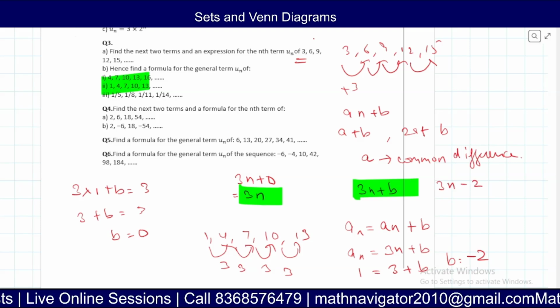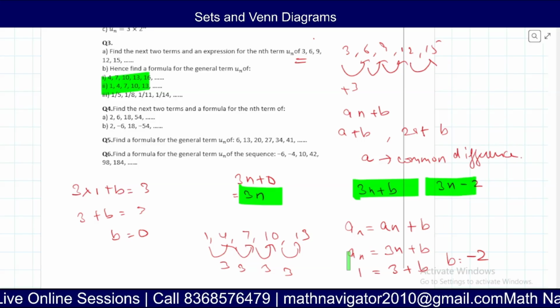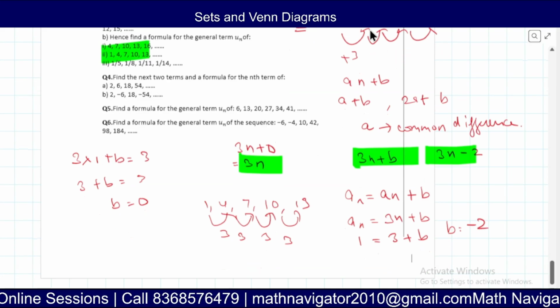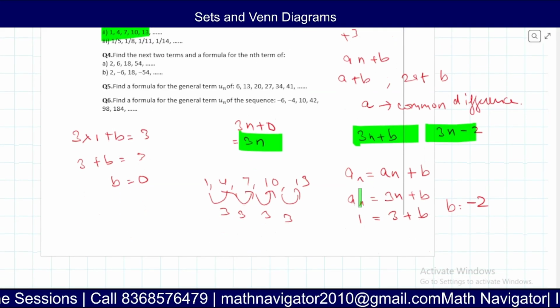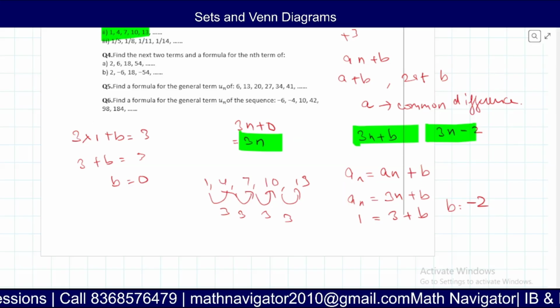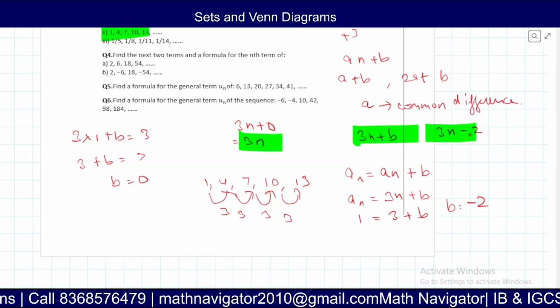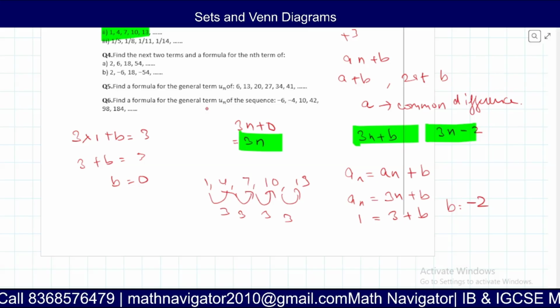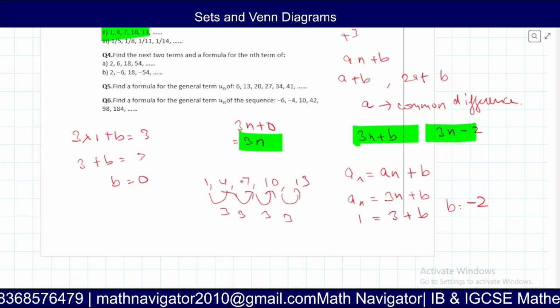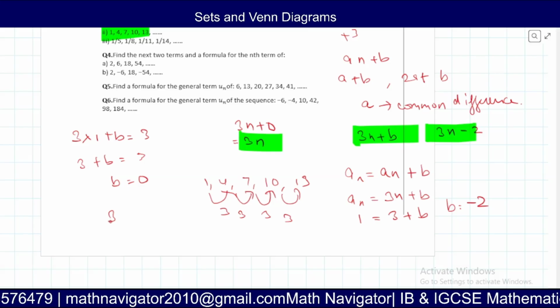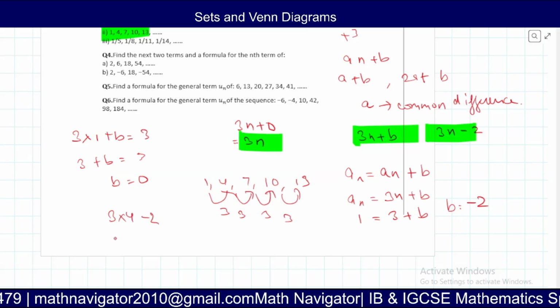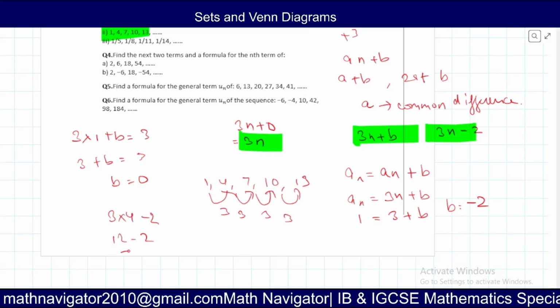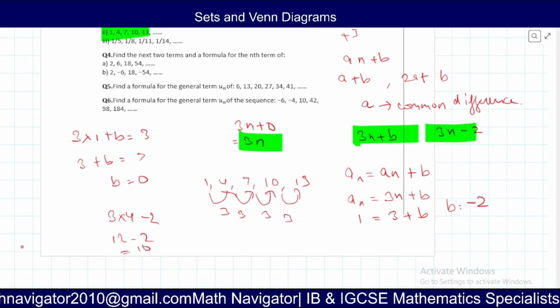So this is my general formula, right? So let's check. Is this clear? Let's say I want to find the fourth term. So 3 times 4 minus 2, 12 minus 2, which is 10. Clear?